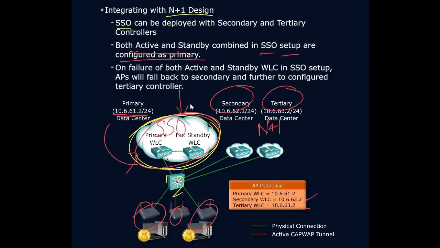On failover of both of these, if this entire environment fails, we still have the secondary and tertiary. You know what, folks? I believe they made a mistake here. I think this is supposed to be 10.6.62.3. I really do, because it's got to be in the same subnet.